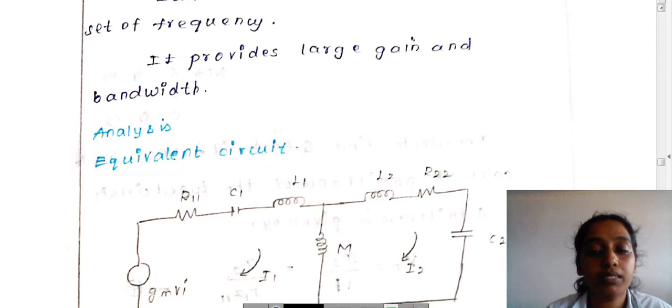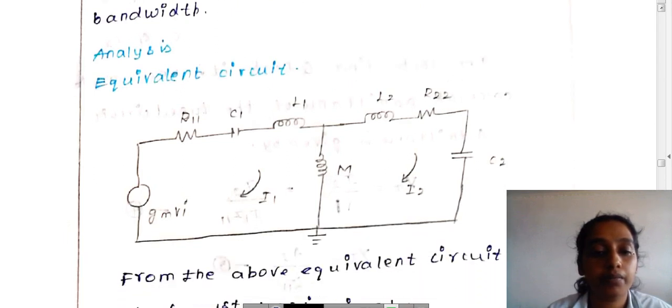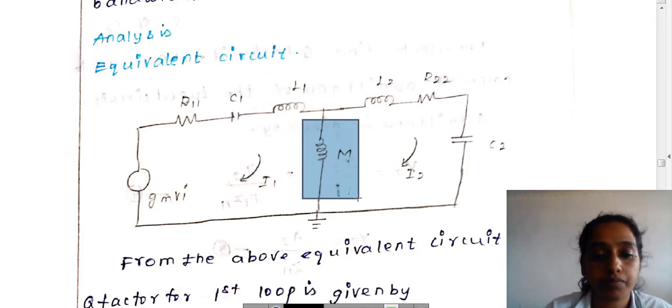This is an equivalent circuit of the two-stage amplifier. Here we have the first loop having the first stage components, and this is the second stage components. Here we have resistance R11, C1, L1, this is L2, C2, resistance R22, and M will be the mutual inductance.